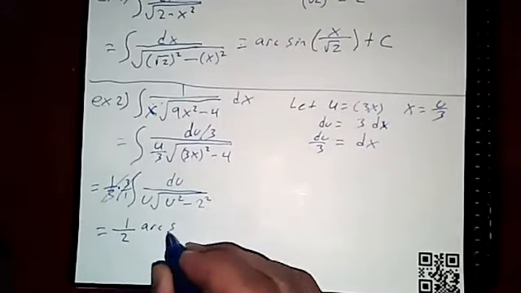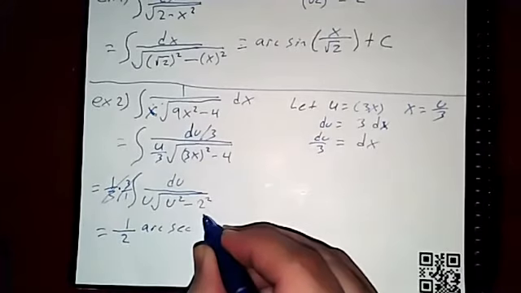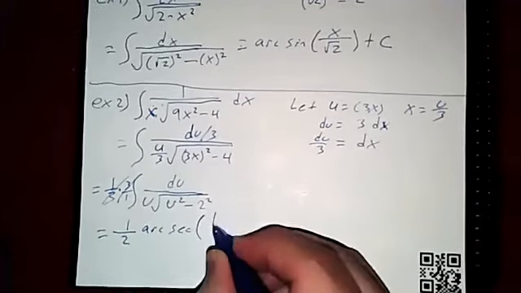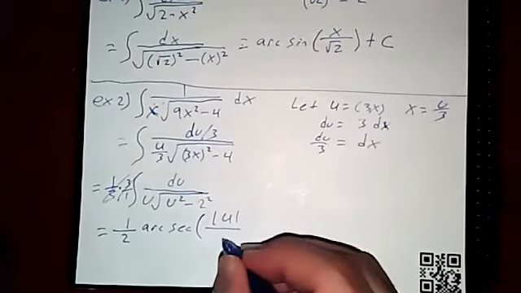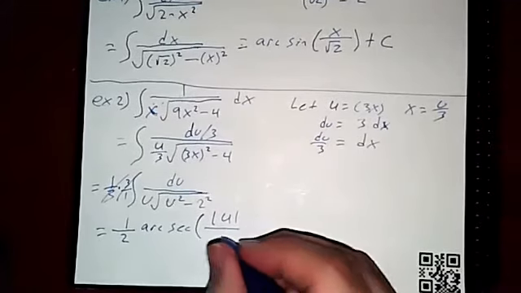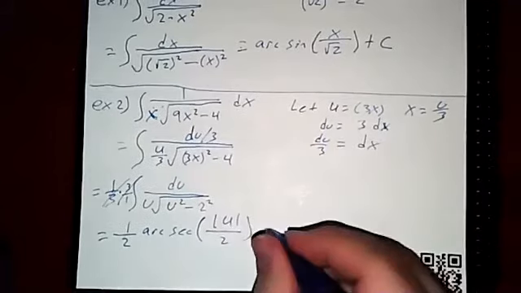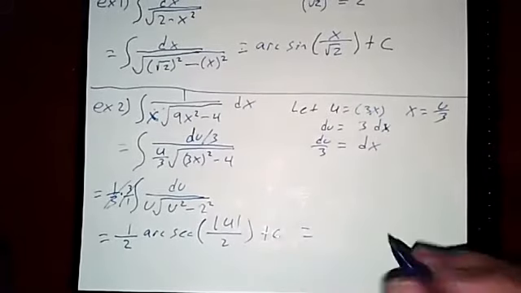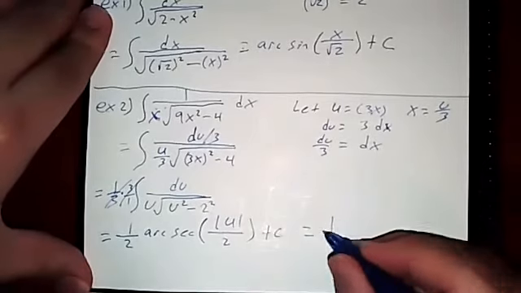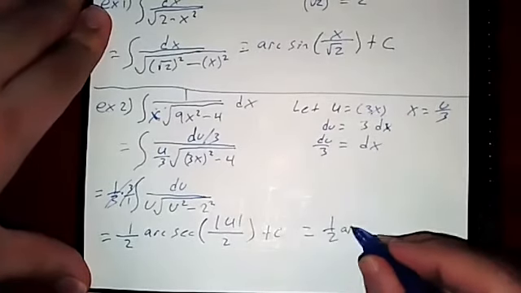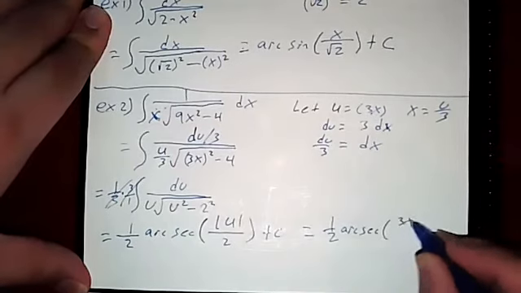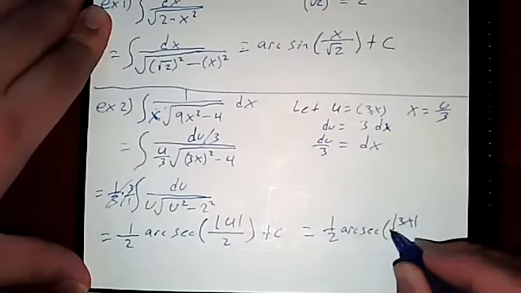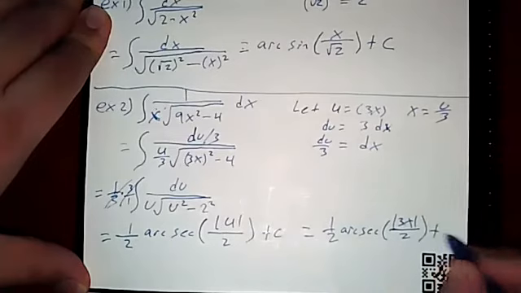Arc secant of the absolute value of u over a, which is 2. Replace the u, and we're done. So you get 1/2 arc secant of the absolute value of 3x over 2 plus c.